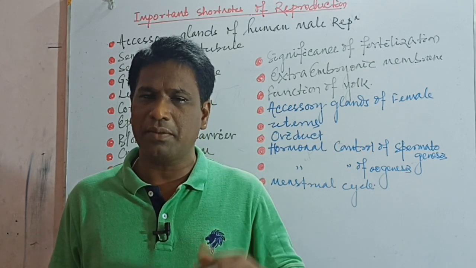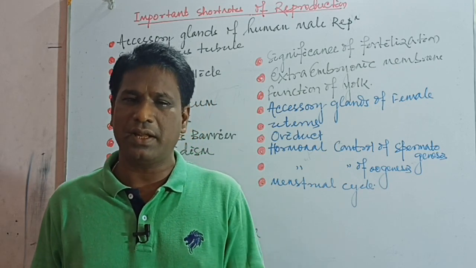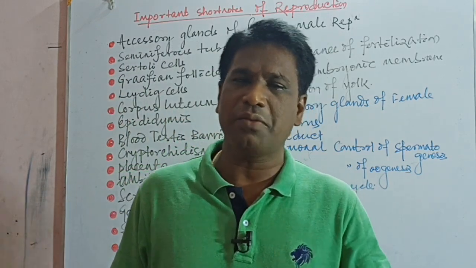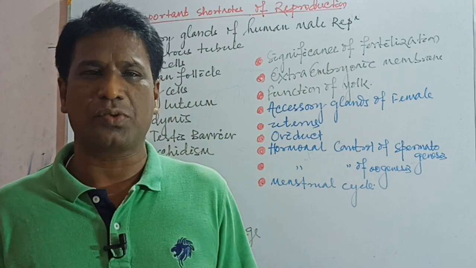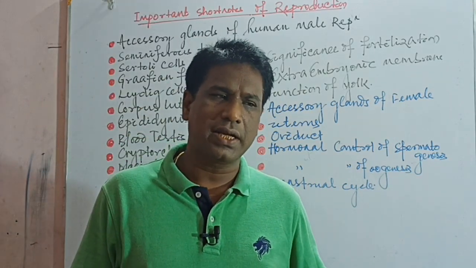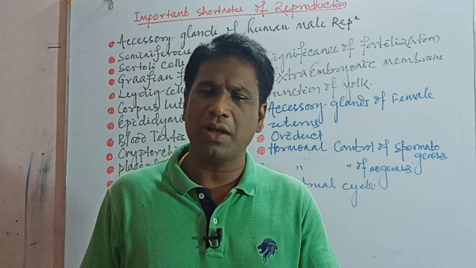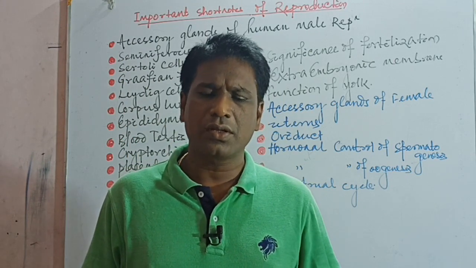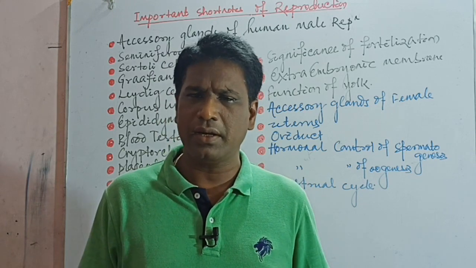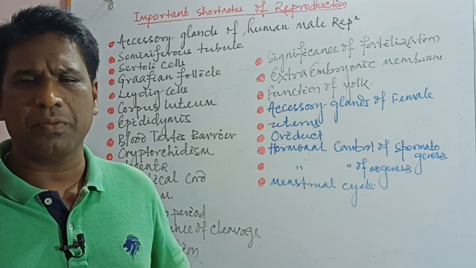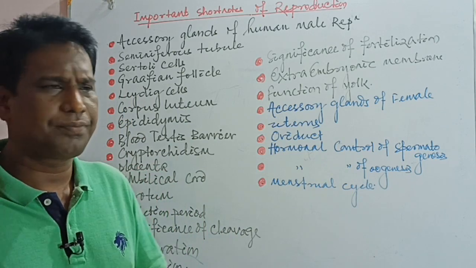If the testis remains within the abdominal cavity, then that environment is not suitable for production of spermatozoa. Surgically the testis can be brought down into the scrotum, and surgery is the only treatment if the testis remains in the abdominal cavity.